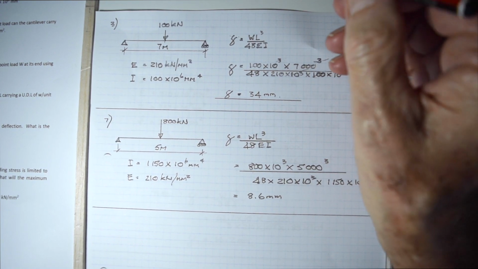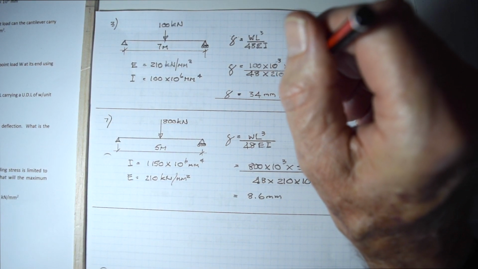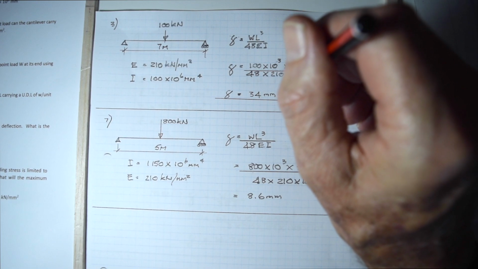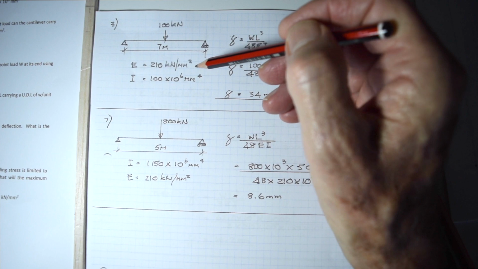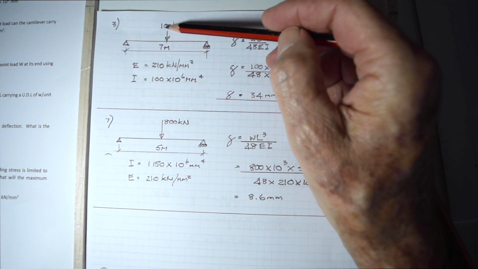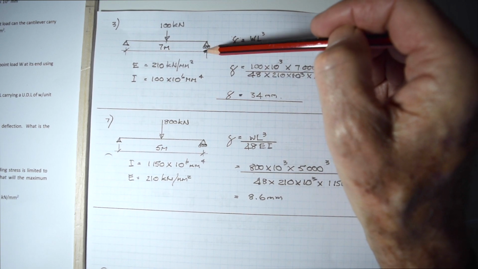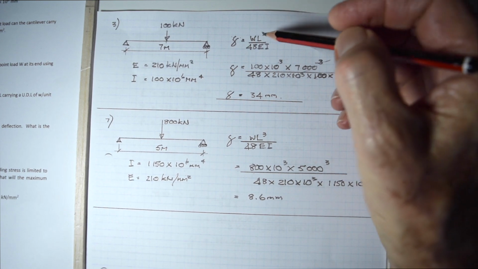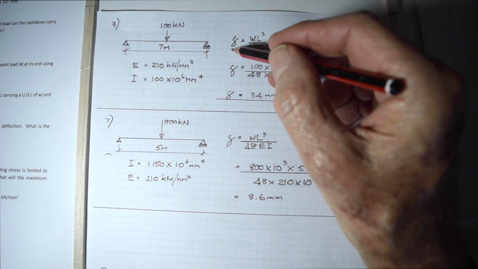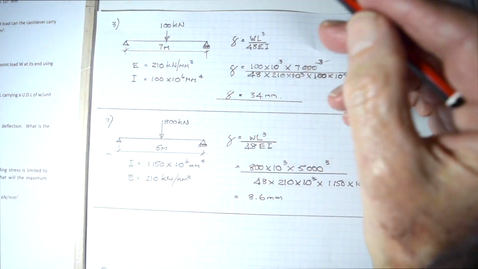The question for number 3 is a 310 UB, universal beam 46.2, simply supported, carries a central point load of 100 kilonewtons on a span of 7 meters. Calculate the maximum deflection. This one should be easy for you by now, because you know how to work out this deflection from first principles for a simply supported beam with a central point load.